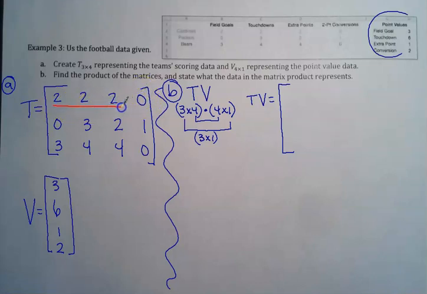So let's do this first row by the whole column. The first number in each one, we have 2 times 3. So we got 2 times 3 plus 2 times 6 plus 2 times 1 plus 0 times 2.